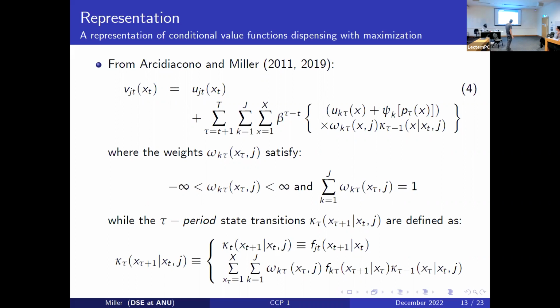You've got, what's the chance that I'm going to end up at a particular x t plus 1, given that I took some kind of actions that were determined by these weights? These weights are just telling me which actions to pick. And if we thought about those omegas all being positive, then they would just be like positive probabilities of a mixed strategy. It's certainly not an optimal mixed strategy, but a mixed strategy if they're all positive.